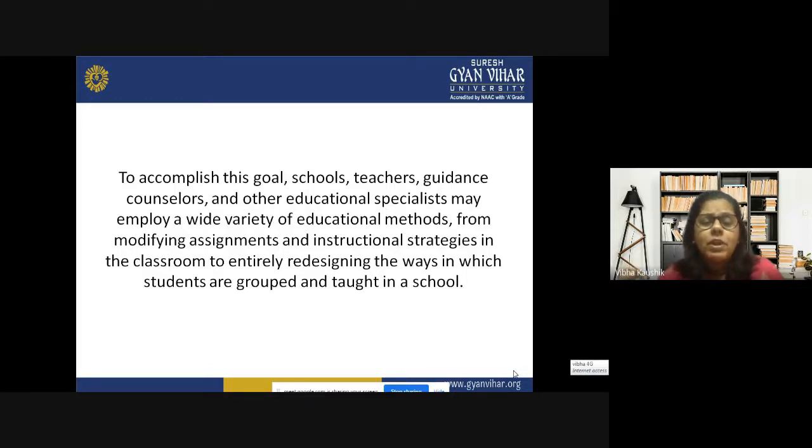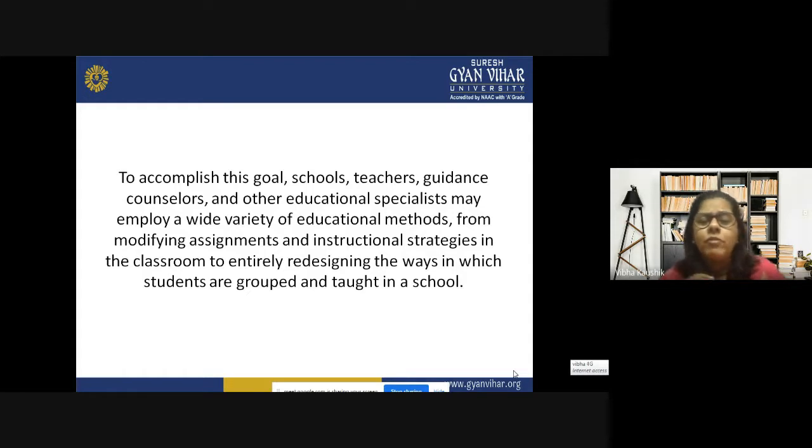That's why they are using a wide variety of educational methods. They are not making students learn by only a few methods, or just employing the lecture method, the inductive-deductive method, or the role play method.